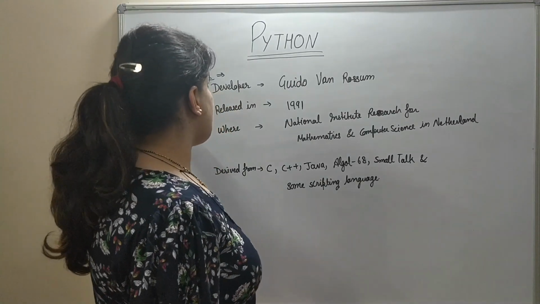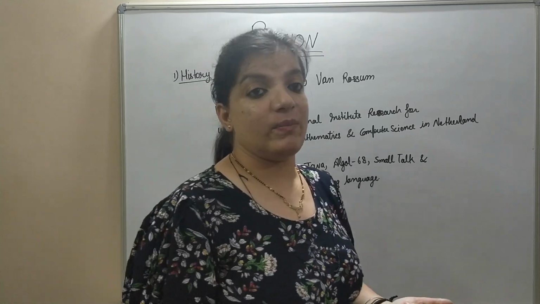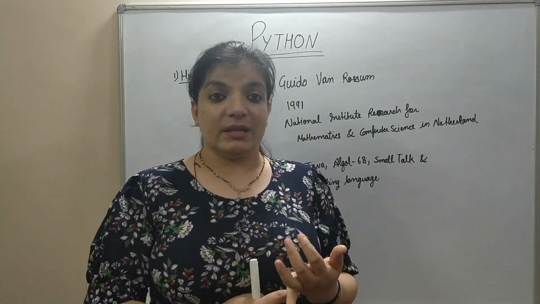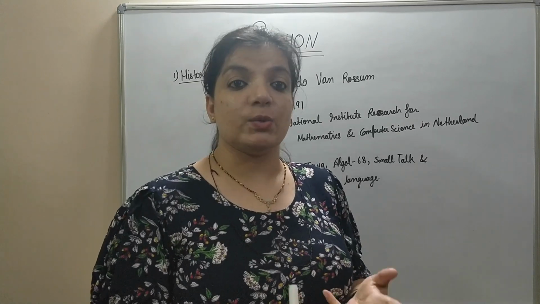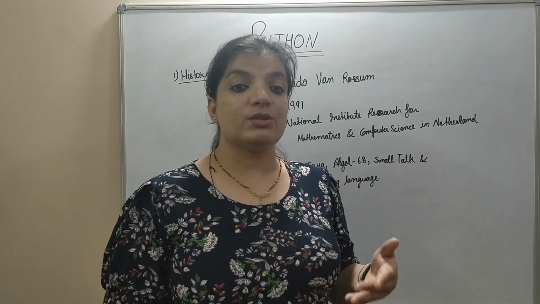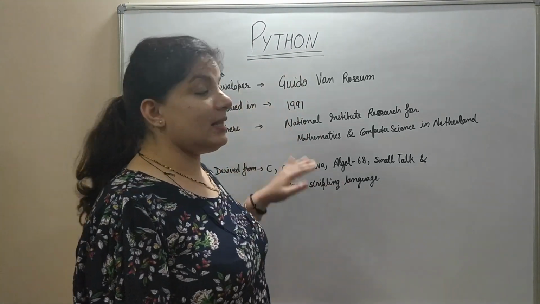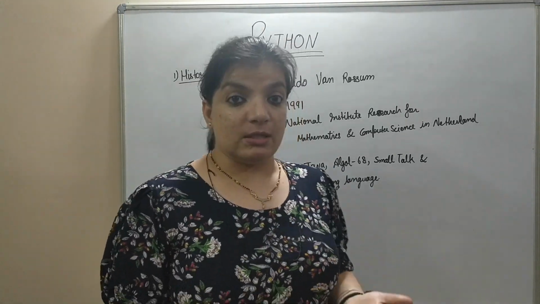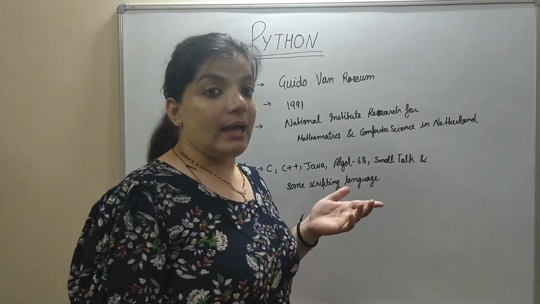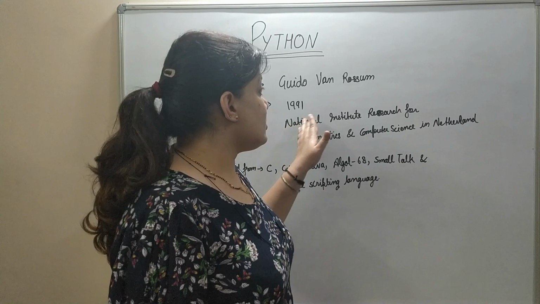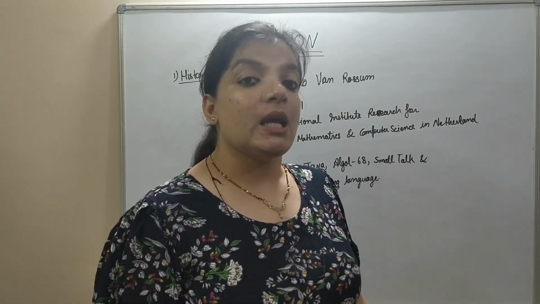So in the history I will tell you about who is the developer of Python programming language, where it was developed and in which year it was released, and from which all languages it is derived. So the developer of the Python programming language is Guido van Rossum, and it was released in 1991 at the National Research Institute for Mathematics and Computer Science in Netherlands.